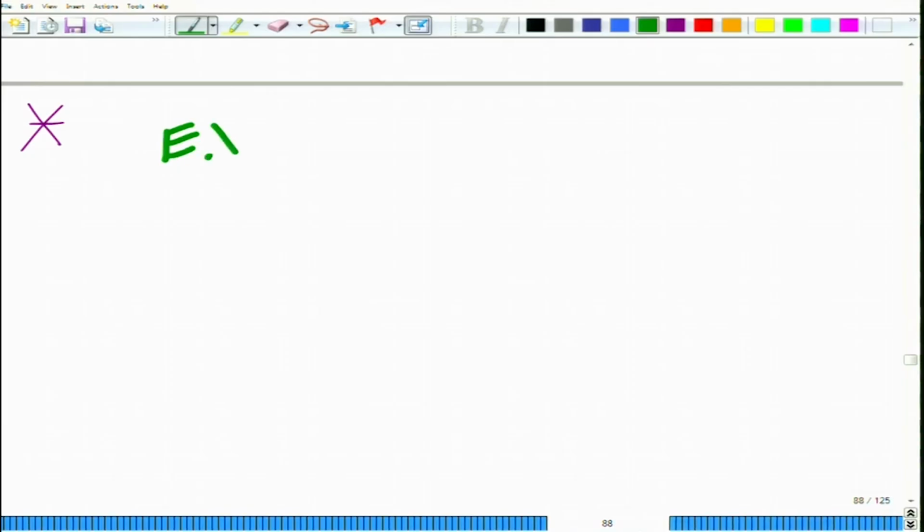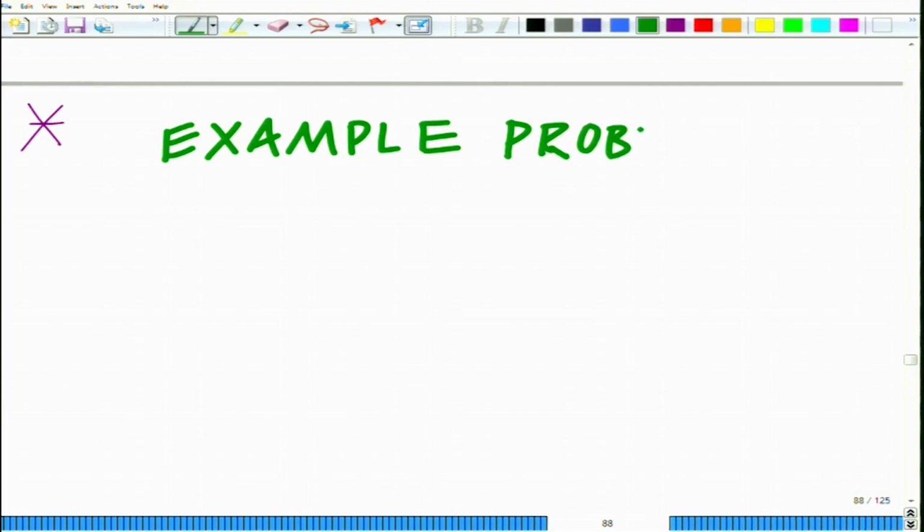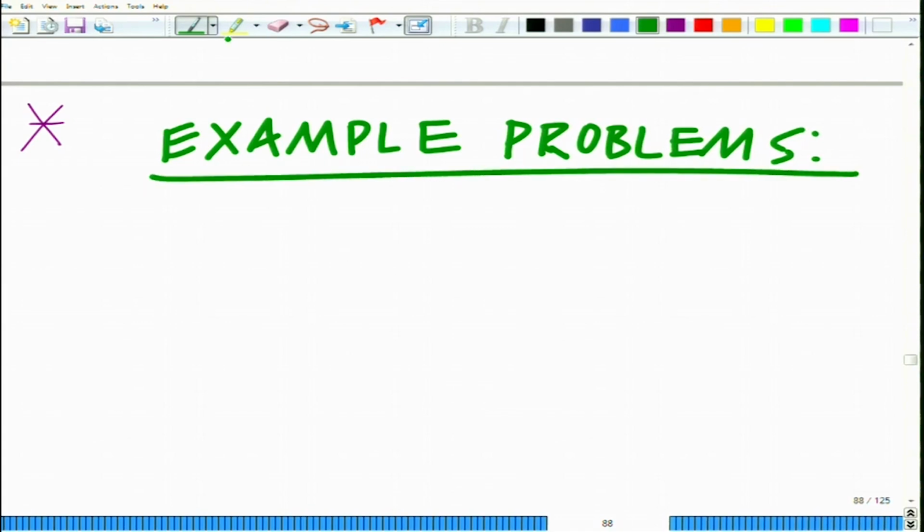So, we are looking at example problems in convex functions, and well, let us look at this problem number 5.